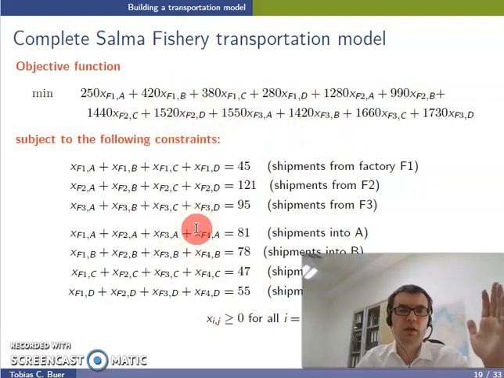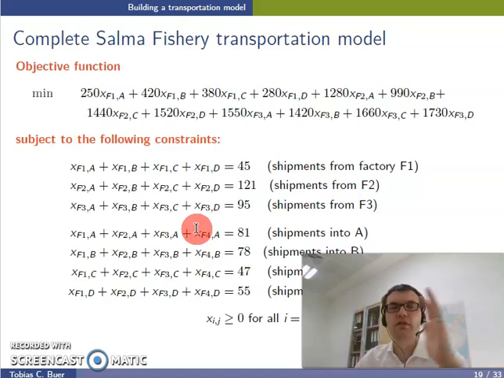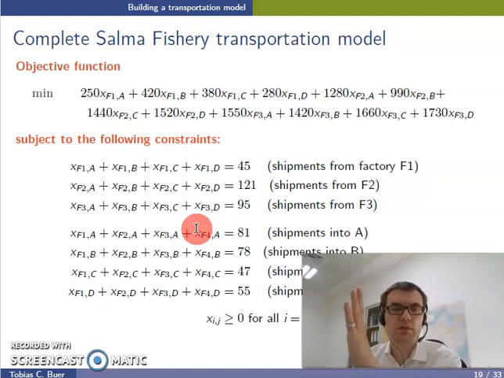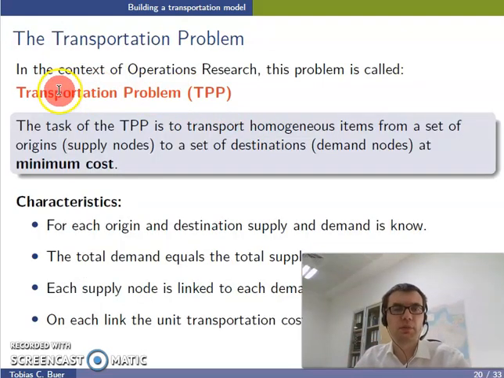We have a set of suppliers on the left side, we have a set of customers on the right side, and everything that is available on the left side needs to be shipped to everything that is on the right side. And we are interested in that shipment that reduces the total transportation cost. This structure is called the transportation problem. The task of the transportation problem is to transport homogeneous items from a set of origins, supply nodes, to a set of destinations, demand nodes, at minimum cost.